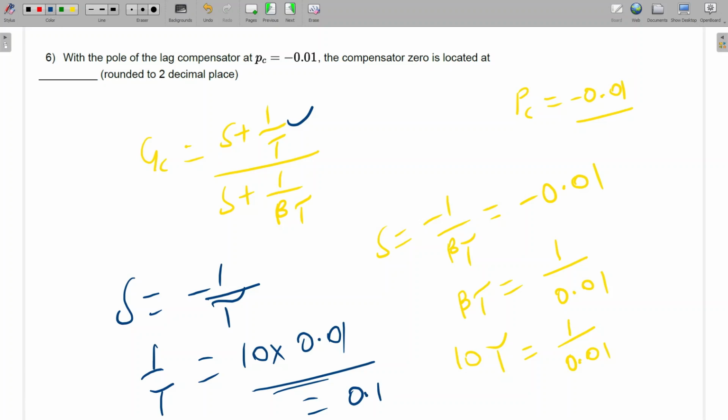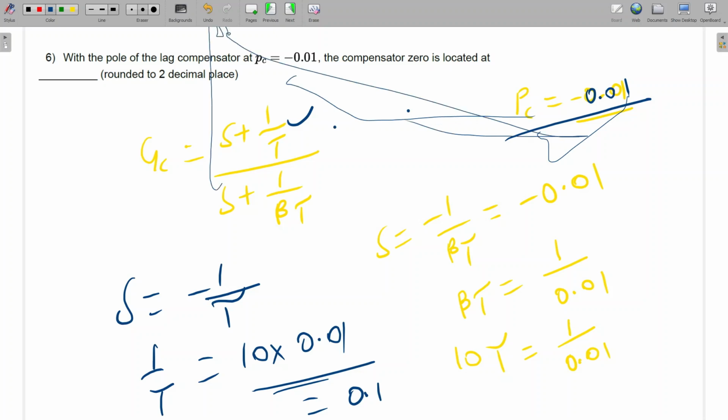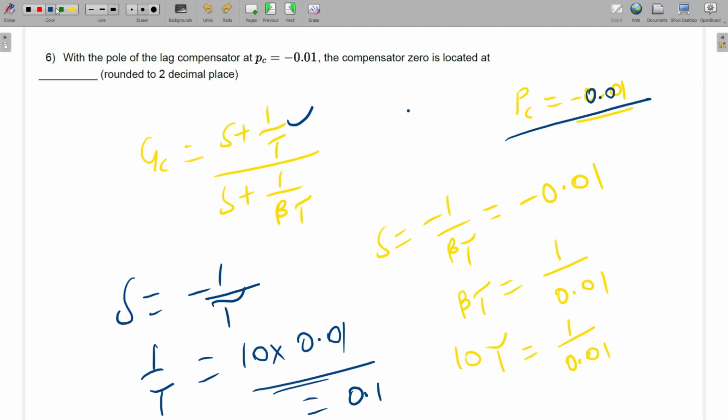So Pc, the pole of the compensator, is minus 0.01, and the zero of the compensator will be minus 0.1.